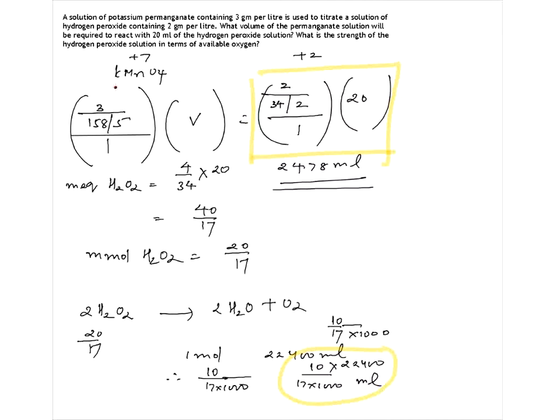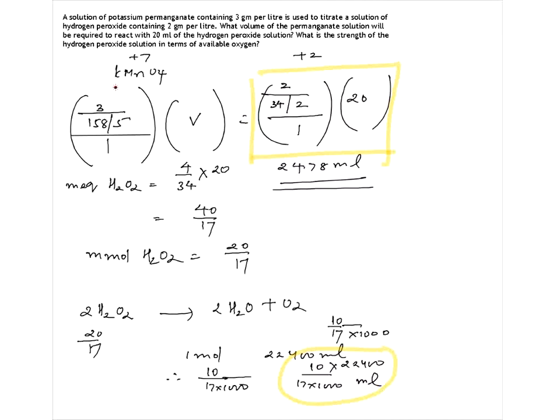Total 158. Molarity of KMnO4 solution is 3 divided by 158. But I don't want to write a balanced equation. I just want to use the equivalence concept, N1V1 equal to N2V2.